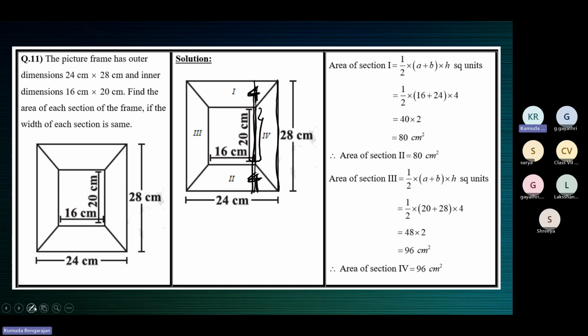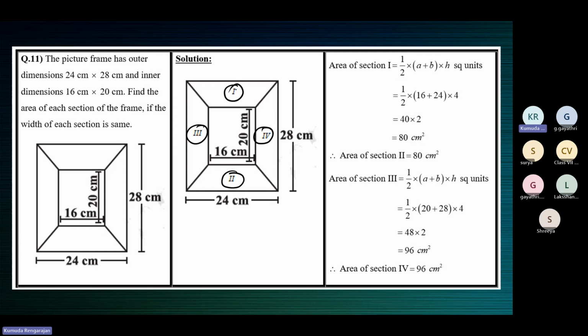Yes, ma'am. Okay. Listen to me first. Now, each portion we have marked 1, 2, 3, 4. Each one is a trapezium. Whatever is the area of 1, same will be the area for 2. Whatever is the area of 3, the same will be the area for 4.